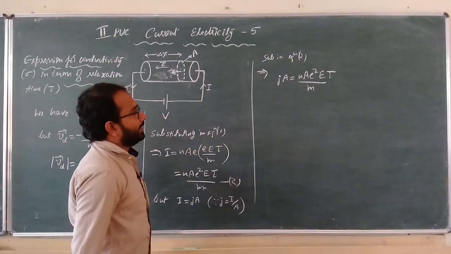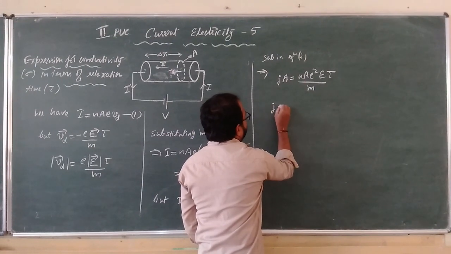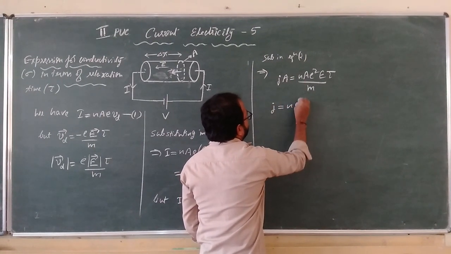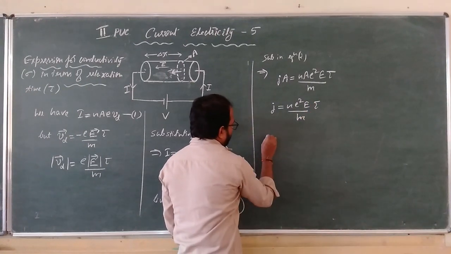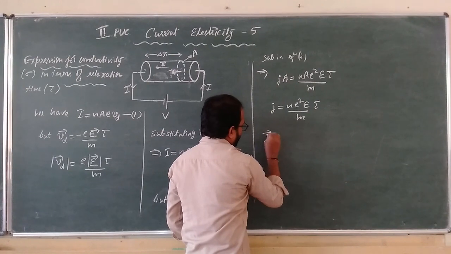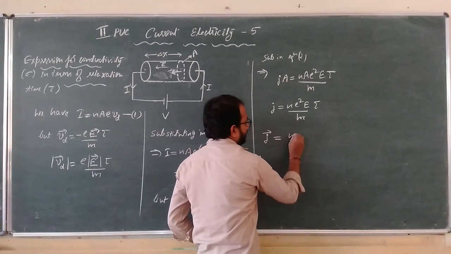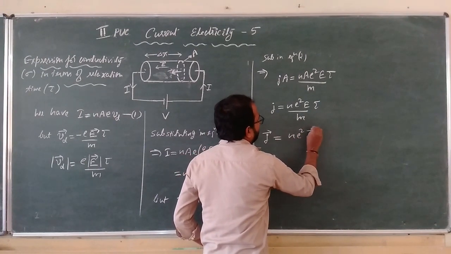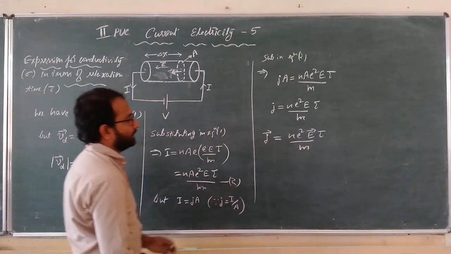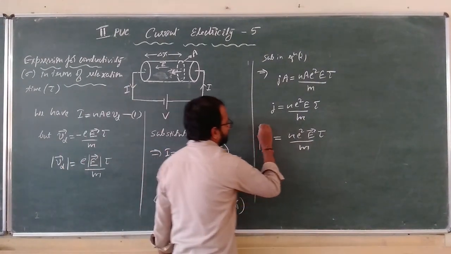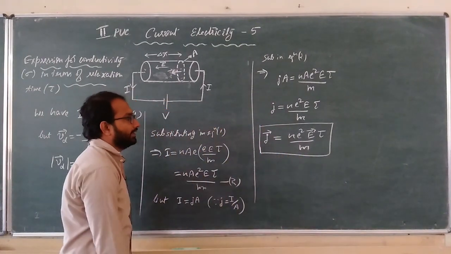The area gets cancelled, therefore current density J is equal to n e square E tau by m. Vectorially, because current density is a vector quantity whose direction is parallel to vector E, J is equal to n e square vector E tau by m. So that is the expression for current density.